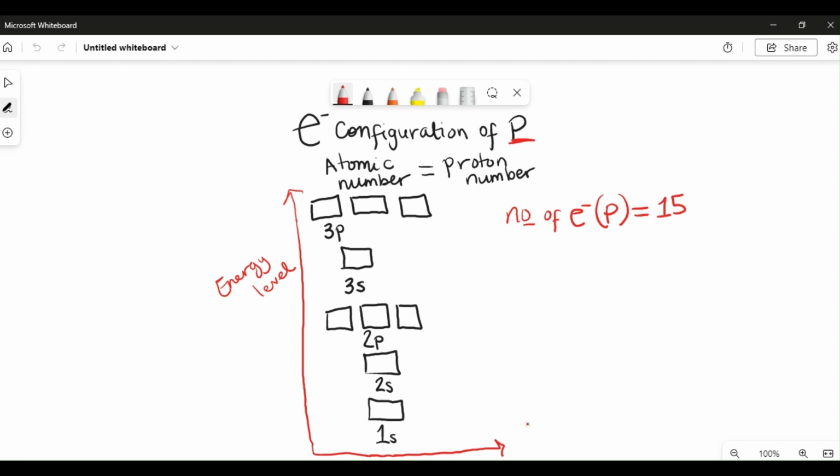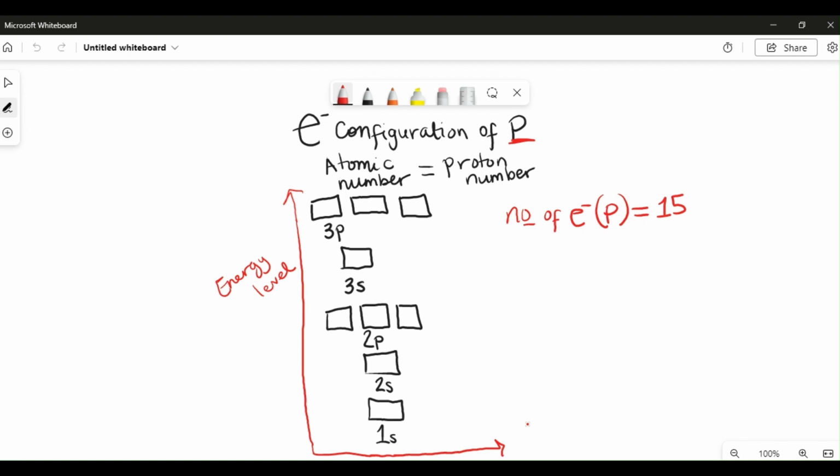The next thing you do when you determine the number of electrons is that you're going to start to fill this energy diagram from the lowest, which is 1s, to whatever energy level or orbital that the 15 electrons are filled up to.